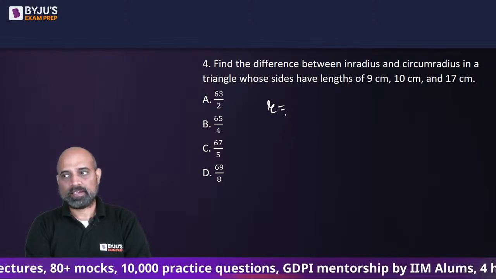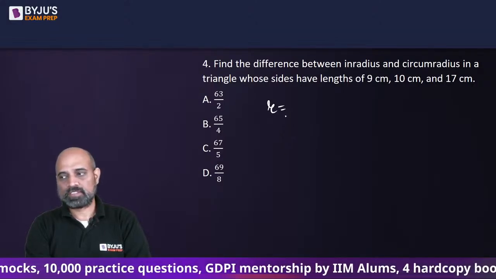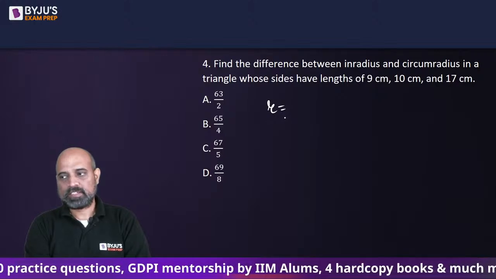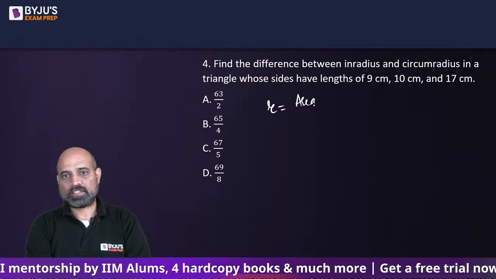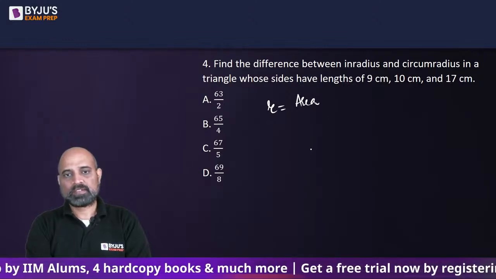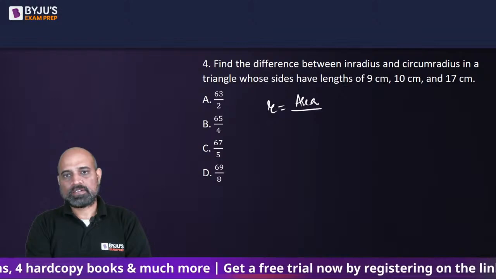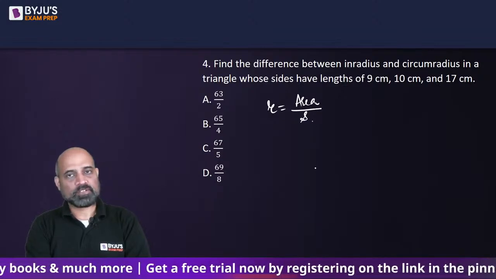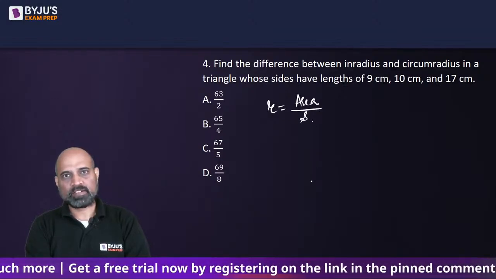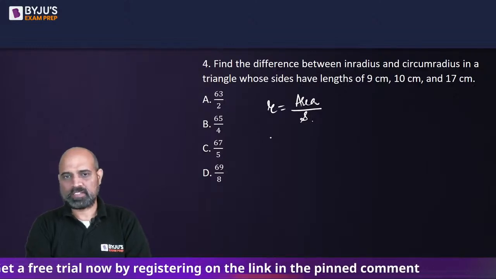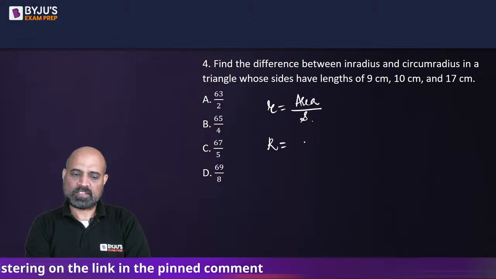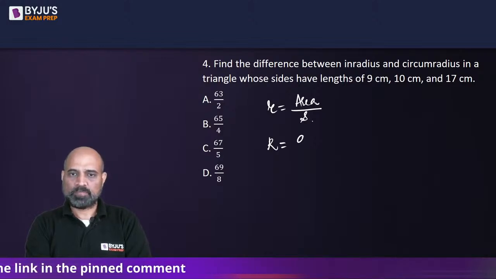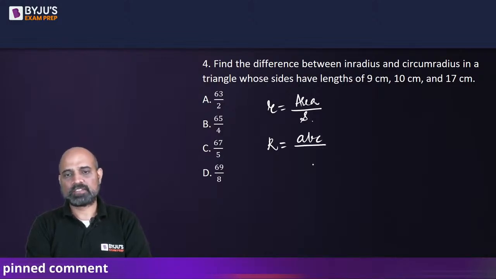Well, inradius of a scalene triangle is given as area of a triangle divided by semi-perimeter, right? You don't do half RS, it's simply RS. And the circumradius is given as the product of the three sides divided by 4 times area.